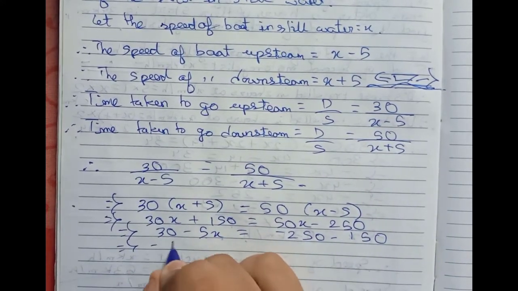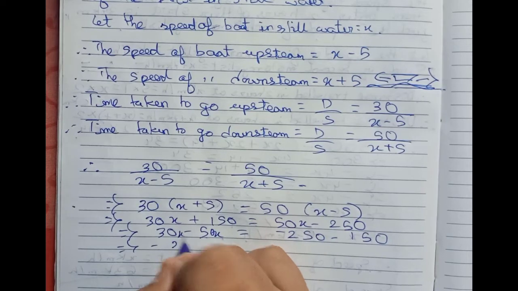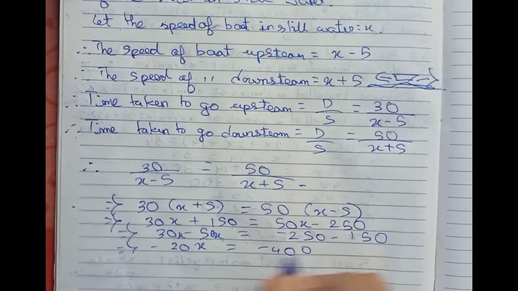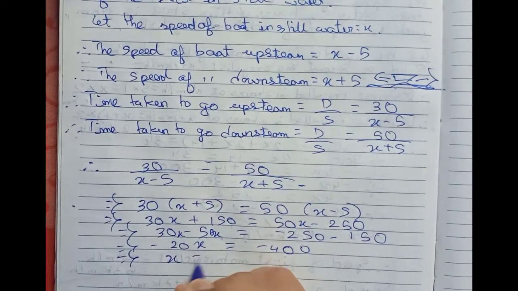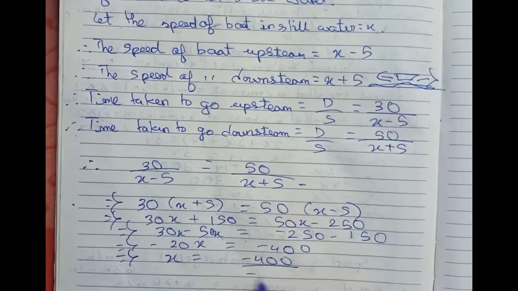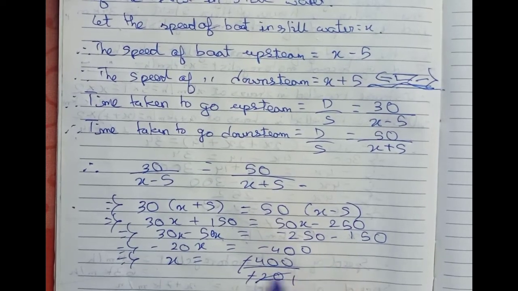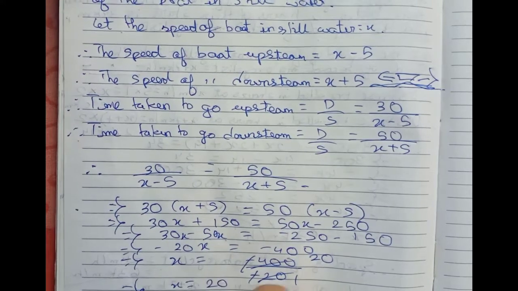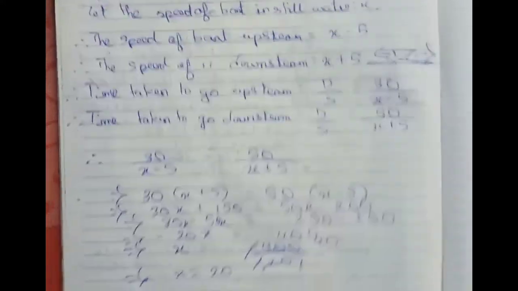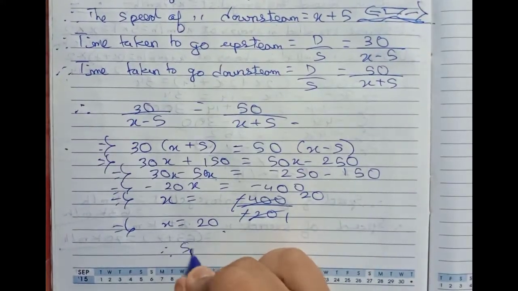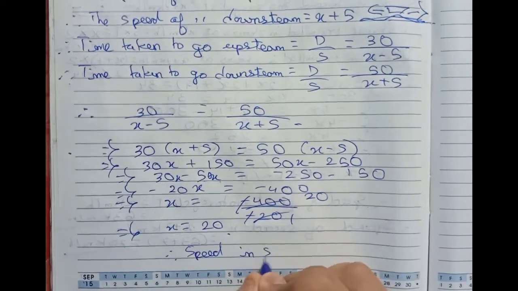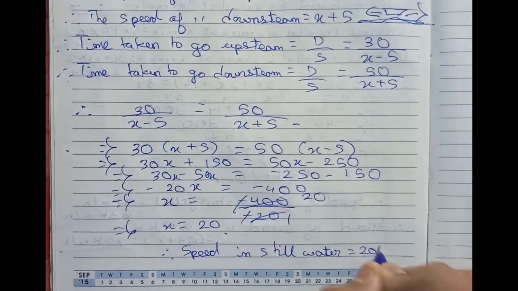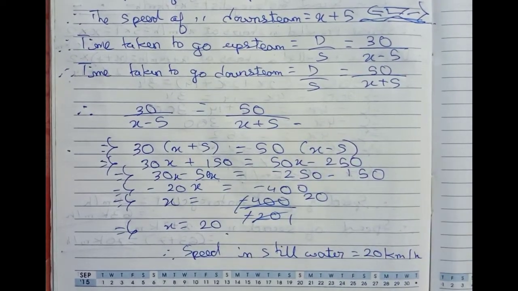So it becomes minus 20x equals minus 400. Now x equals minus 400 by minus 20. Now if we cut the minus, it becomes x equals 20. So therefore speed in still water is 20 km per hour. So this is our final answer.